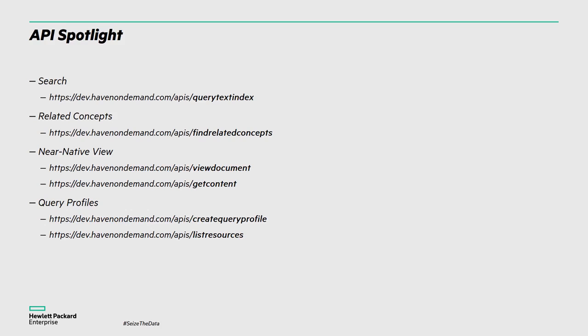For near native view, you'd use a combination of view document with get content for a fallback. And then if you wanted your application to be query profile aware, you would use create query profile and list resources. Or alternatively, if you don't want to go straight to those APIs, you can go to our GitHub, get the code, and start building on top of our application if you want to build a search application for Haven OnDemand.